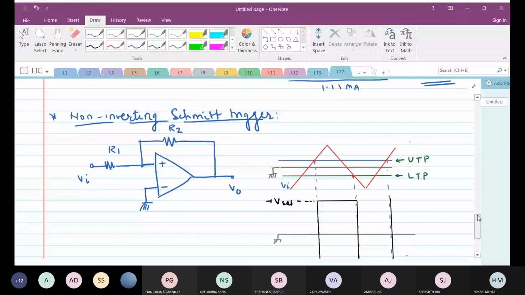So let us see an example to design this.